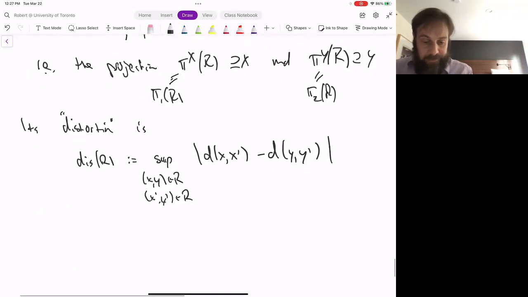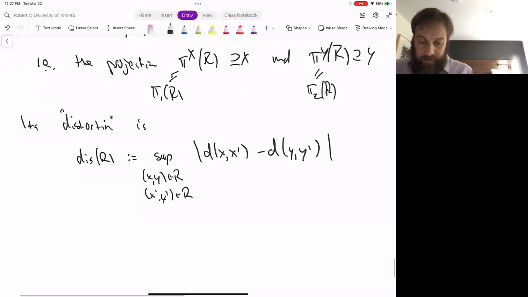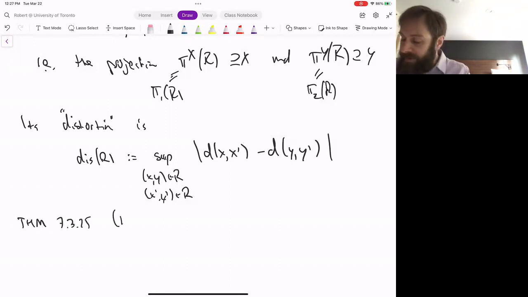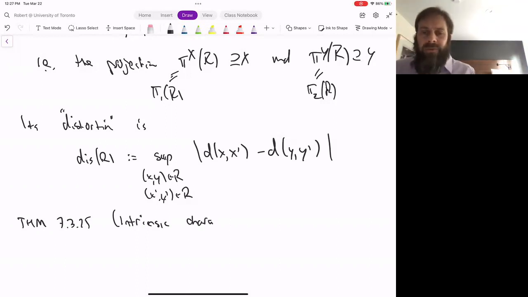And then here's another theorem, also from Burago and Ivanov. It gives an intrinsic characterization of the Gromov-Hausdorff distance. So somehow I defined the Gromov-Hausdorff distance in an extrinsic way.